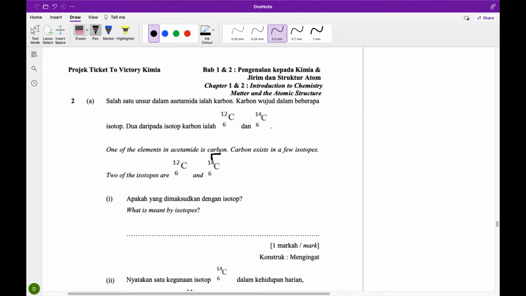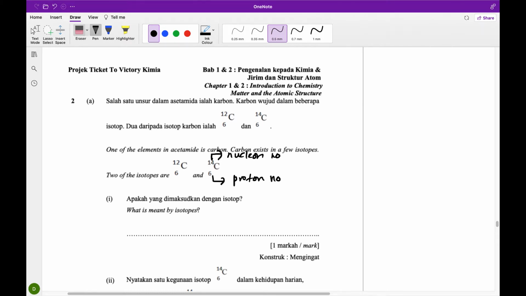The upper number reflects the nucleon number. The lower number represents the proton number.